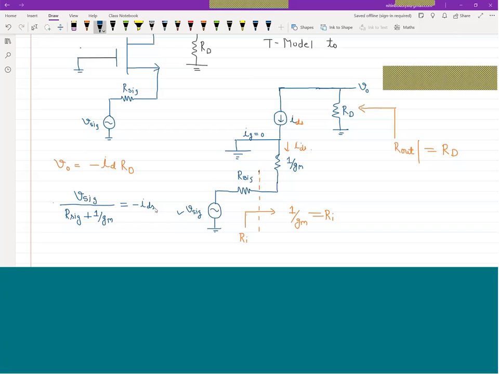This is the value of minus IDS, because we are taking current higher potential minus lower potential. So I am considering current in this direction, but the actual current IDS is having opposite direction to what we have assumed.